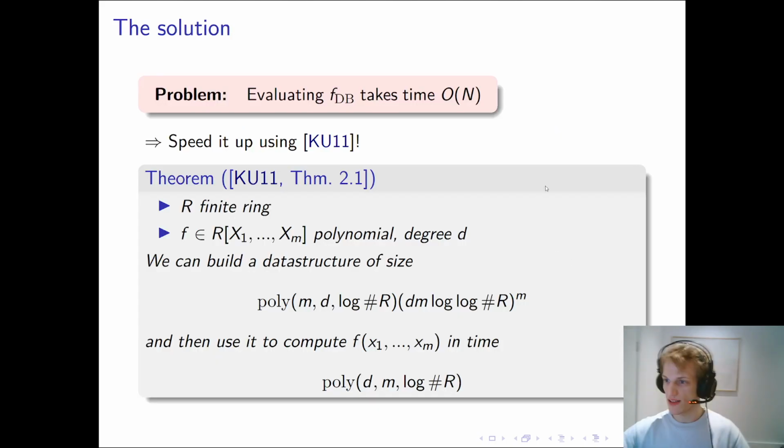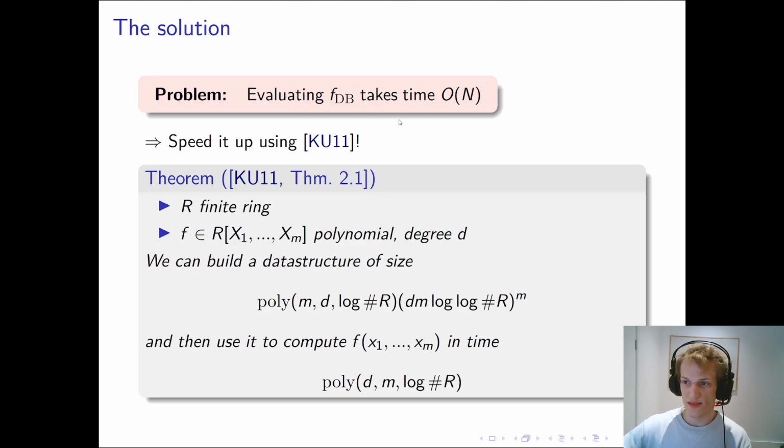And this machinery comes from an original paper by Kedlaya and Umans. In fact, they're not cryptographers, but they developed it for asymptotically fast algorithms for polynomial factorization, I think.